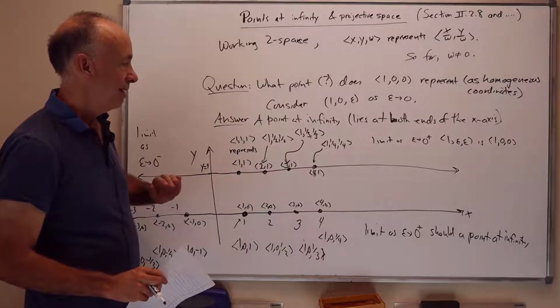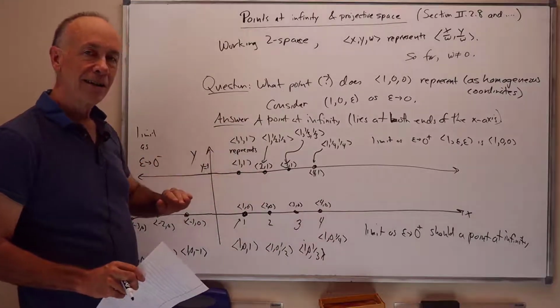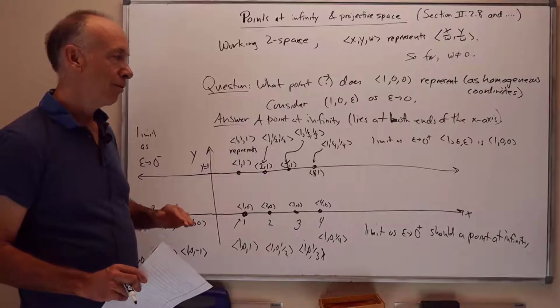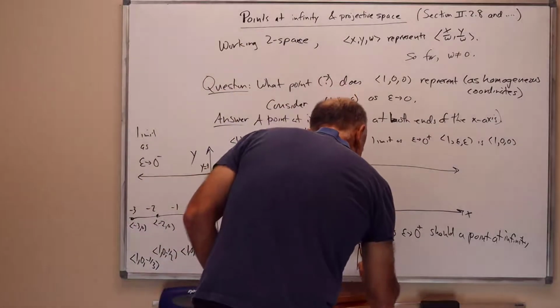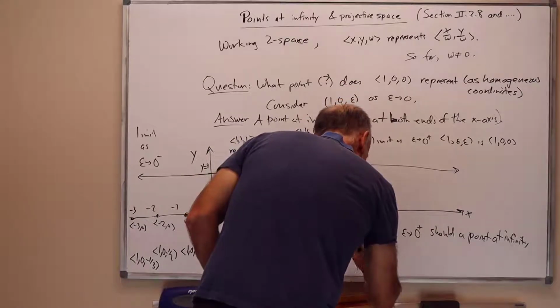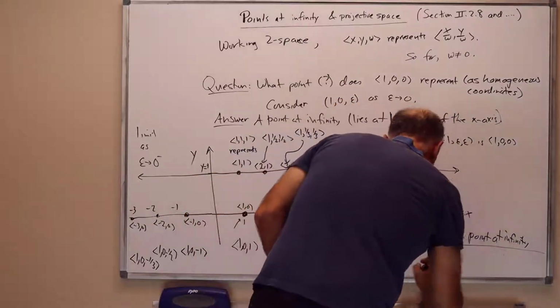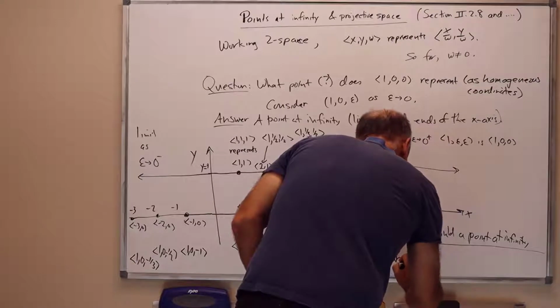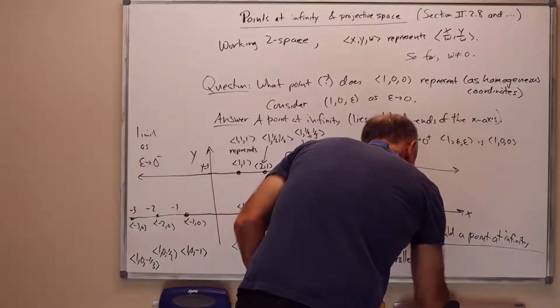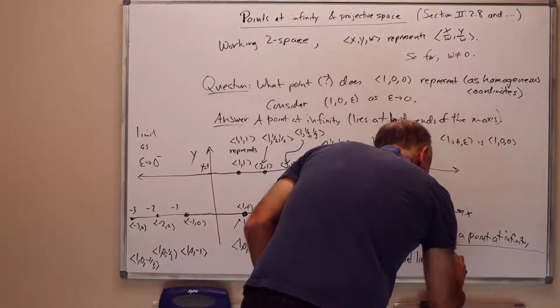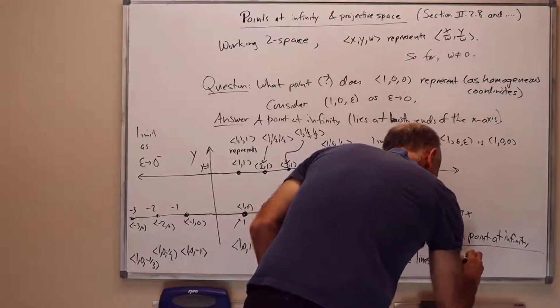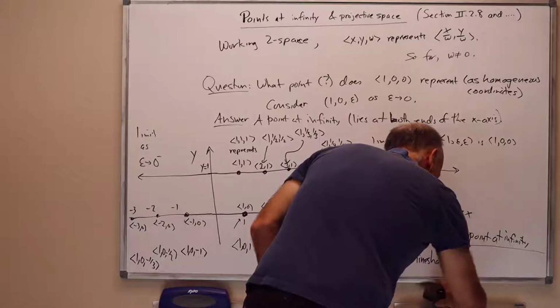So the moral here is that parallel lines all share a common point at infinity. Parallel lines have one and the same point at infinity.